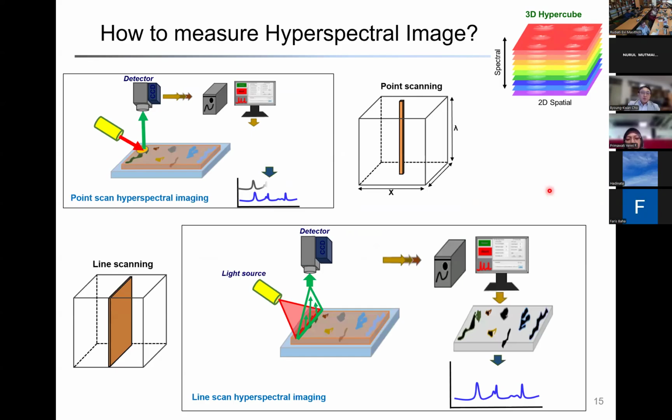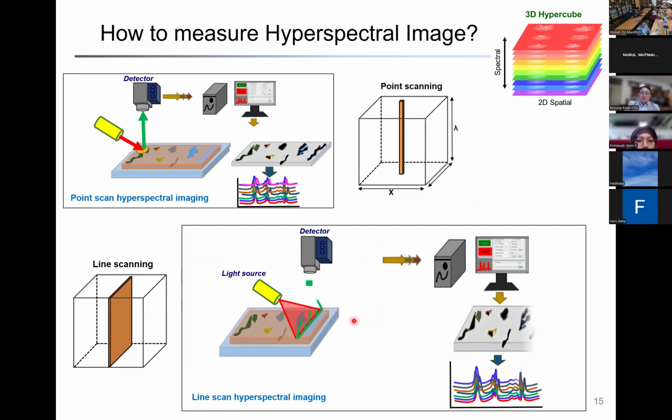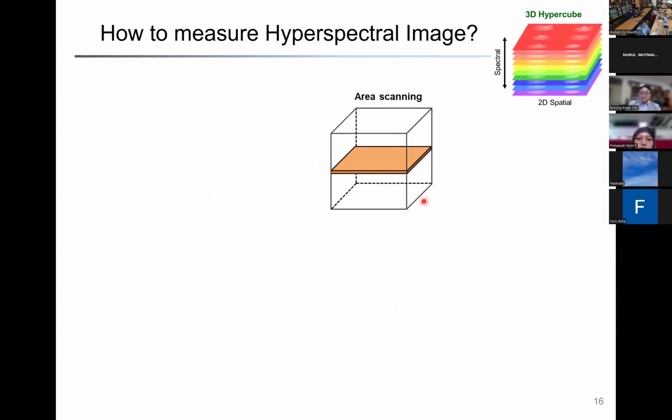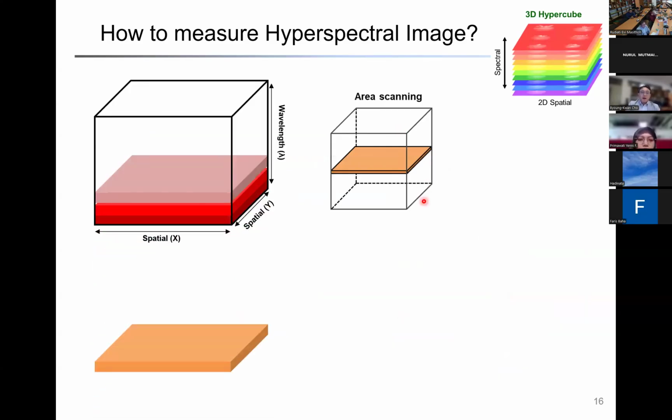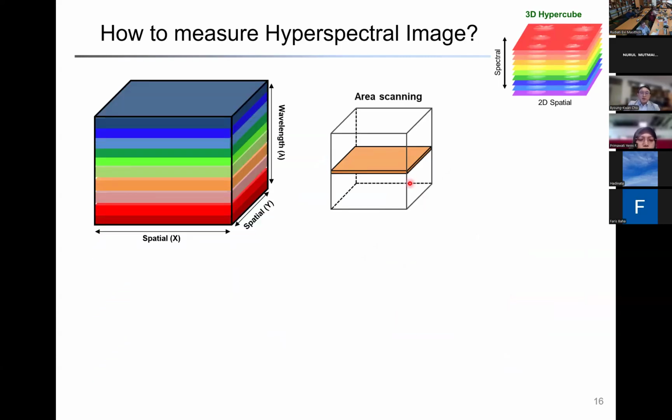Okay, point measurement. We can measure one by one. It's very simple, but it takes a lot of time. Line scanning method: if we can illuminate line by line, and measure line information, then it's line by line to make 3D information. And area scanning, like this, one by one at different wavelengths to stack and make 3D images.